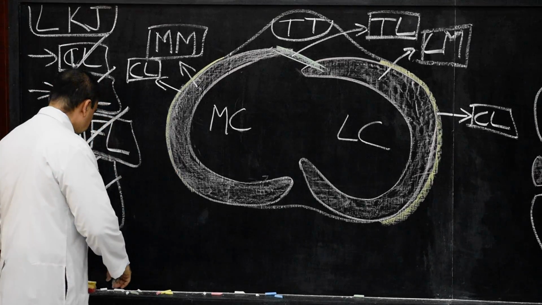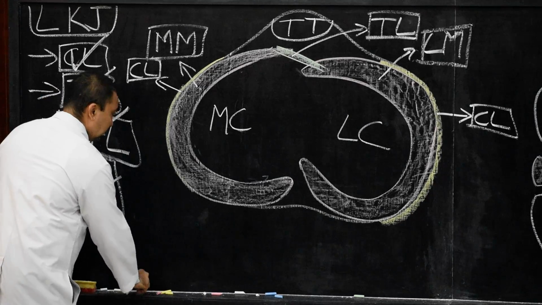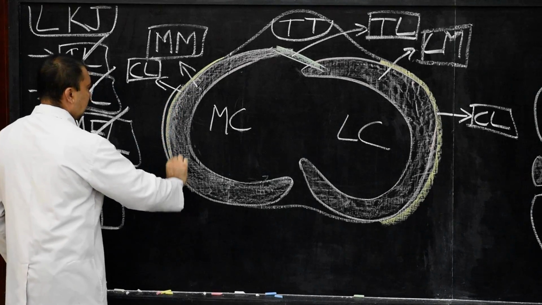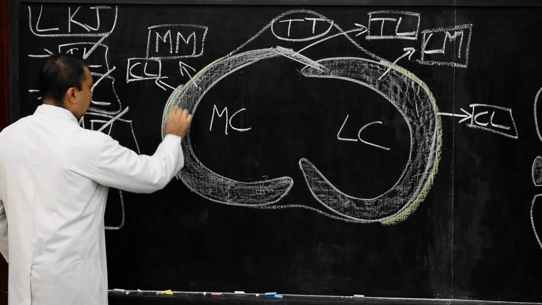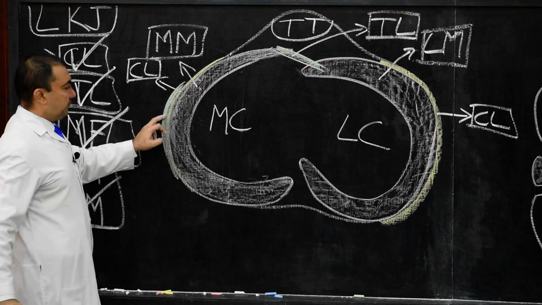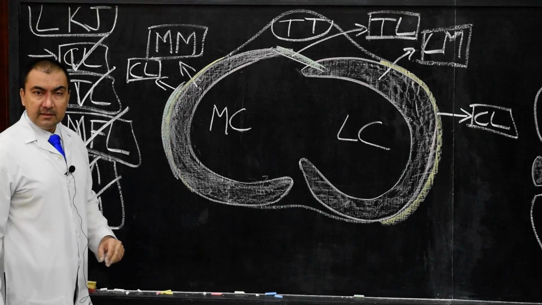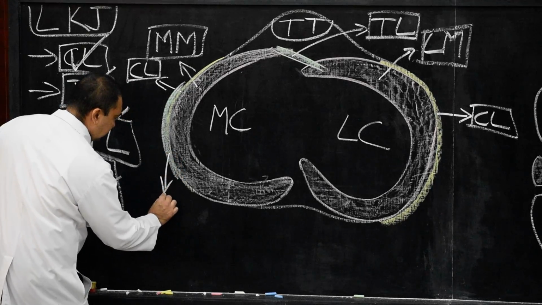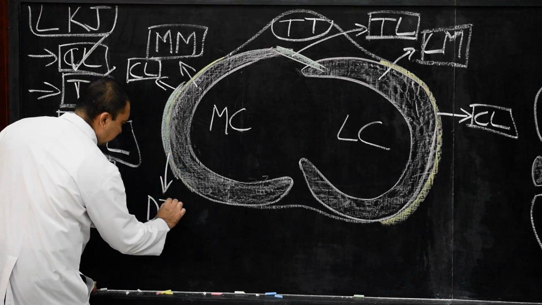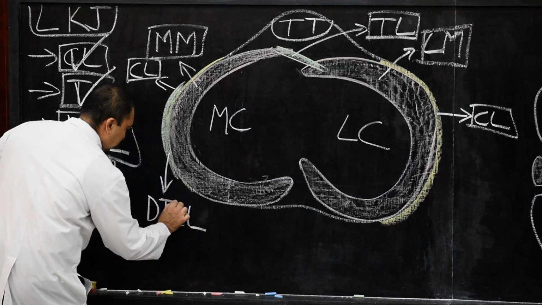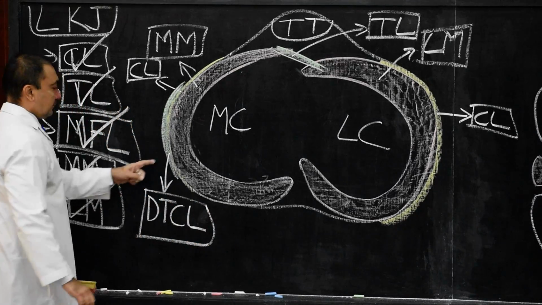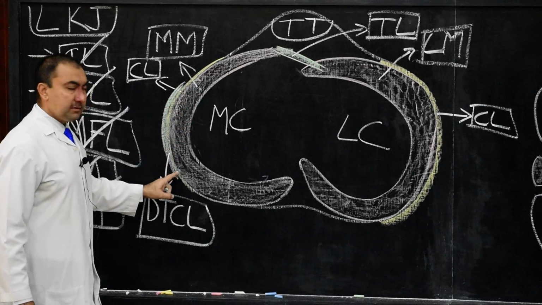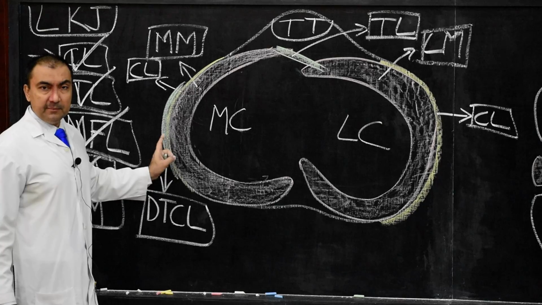So therefore, here you can even mark, let me mark with the green color, this. I can show that this will be the attachment of the deep portion of tibial collateral ligament. So please mark this as the deeper part of tibial collateral ligament along with capsule, which is attached to the medial convex border of the peripheral part of medial menisci.